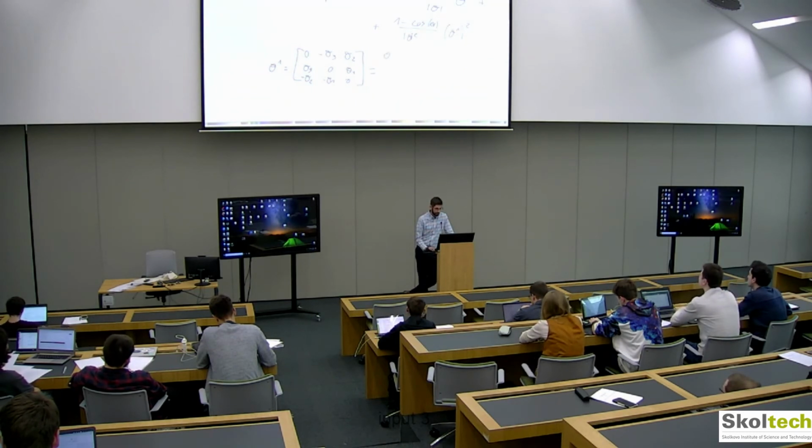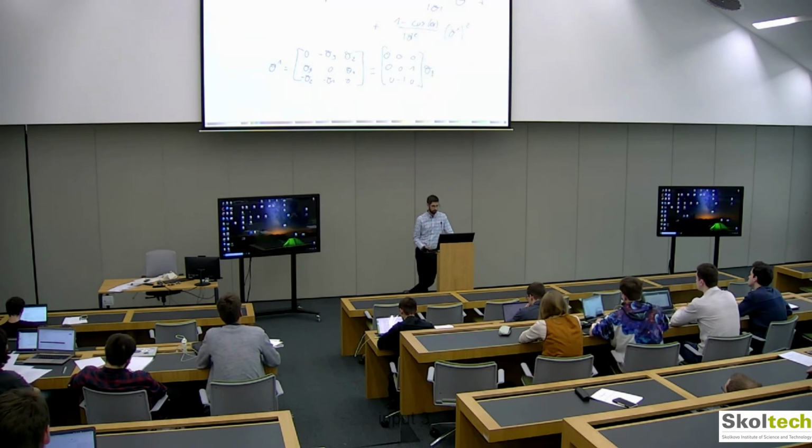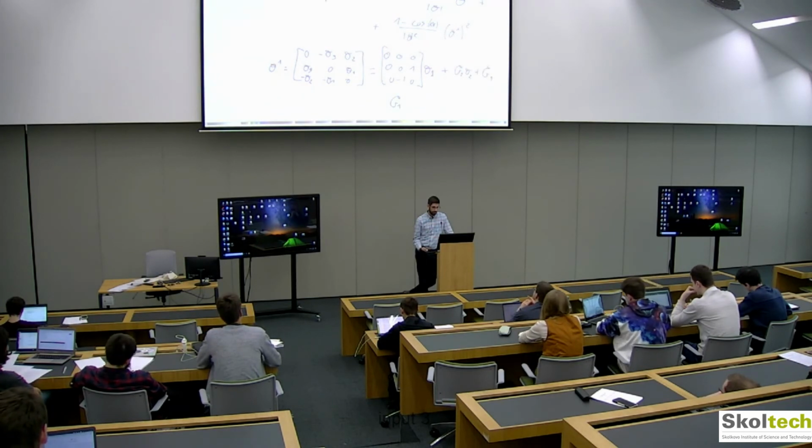And let me write it just for the first one, 1, -1. And we can call this the generator of 1. We can do the same for the second one, and then there's going to be a generator matrix for the third component.